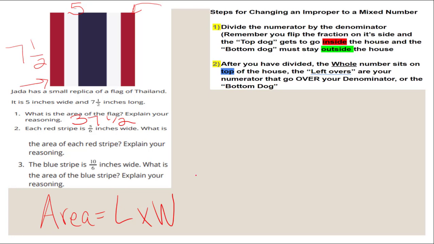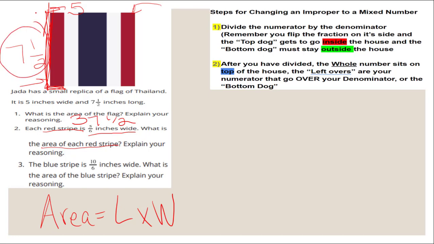Each red stripe is 5/6 inches wide. What is the area of each red stripe? Okay, well, on this one, we know that the length of this red stripe is still 7.5.